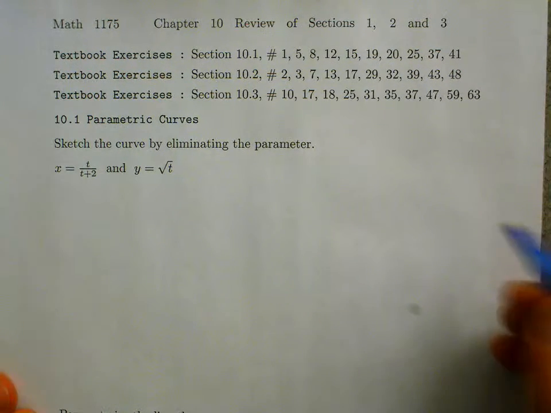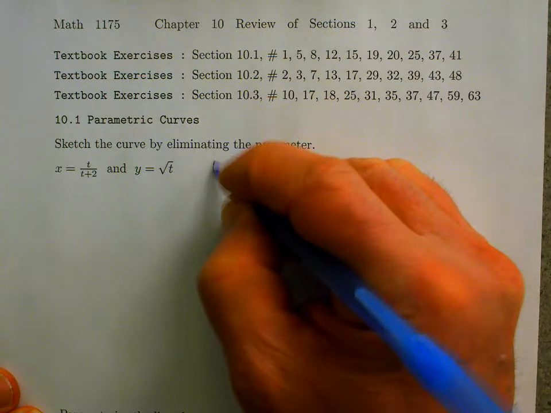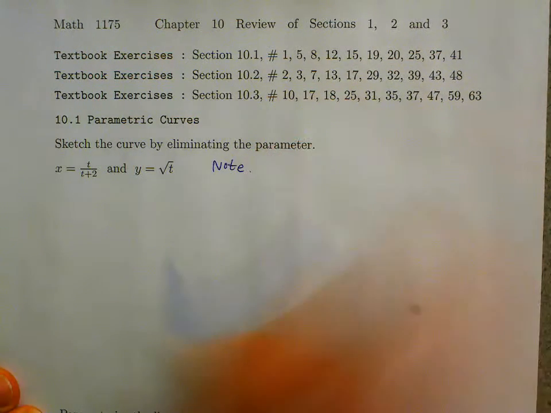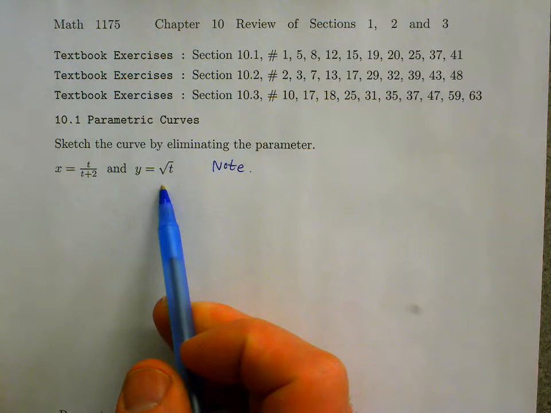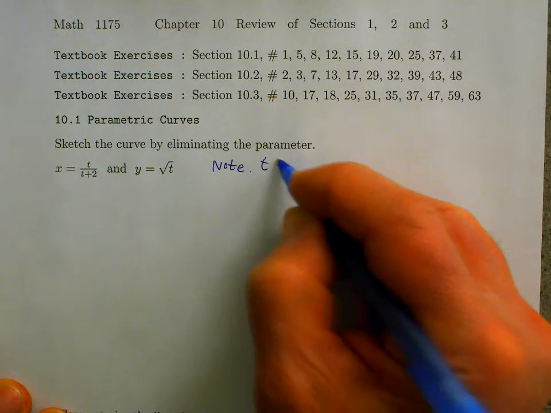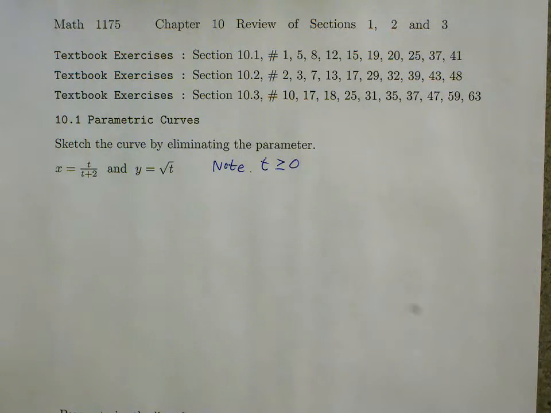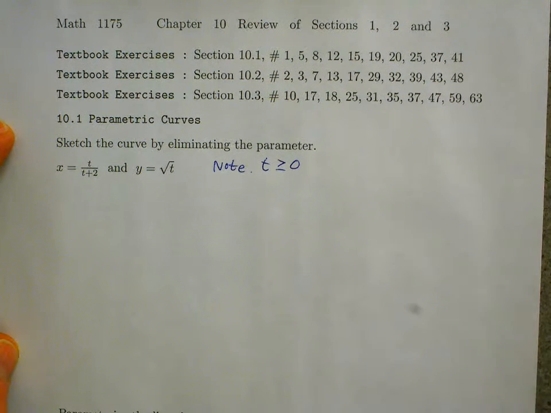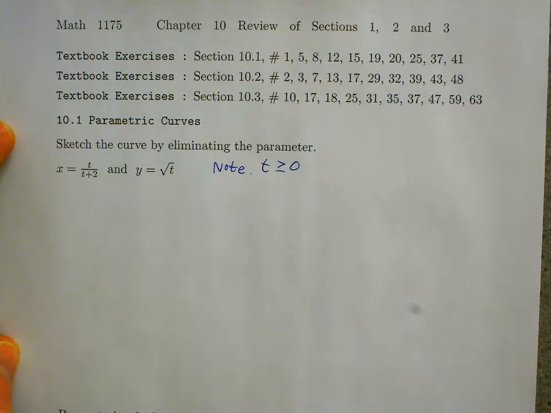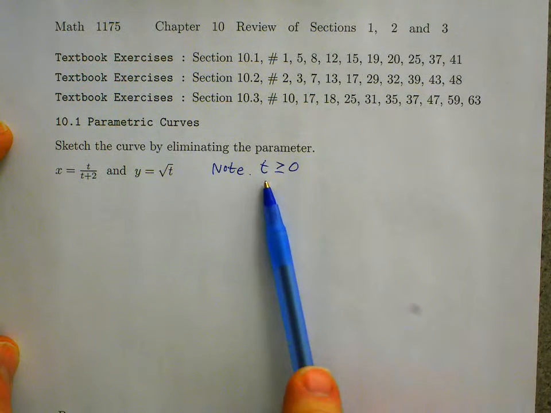Let's just note a couple of things. First, since y equals the square root of t, the t values must be non-negative, or greater than or equal to 0. If we're going to remain in the realm of real numbers, then t has to be greater than or equal to 0.